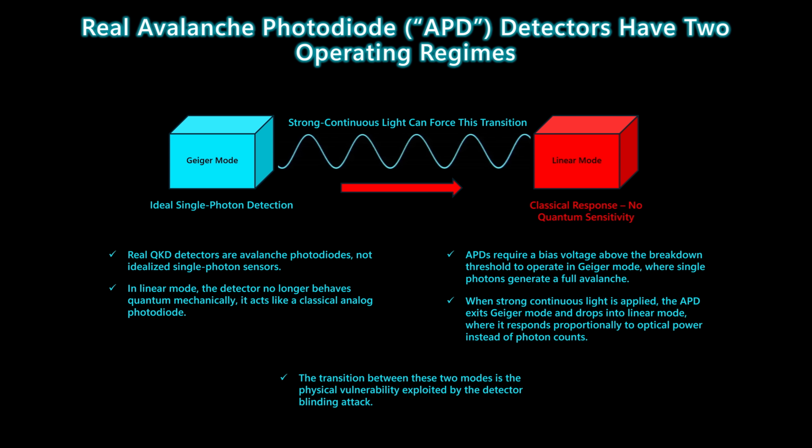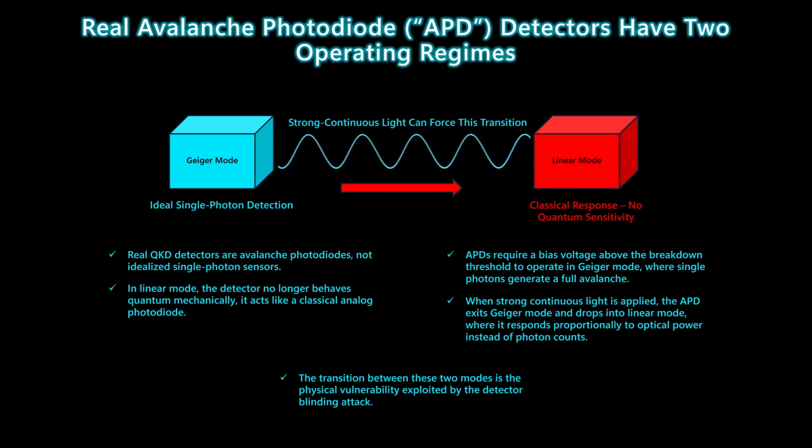However, when strong continuous light is applied to the detector, the avalanche photodiode leaves Geiger mode and drops into linear mode. In linear mode, the device no longer behaves as a quantum detector. Instead, it responds proportionally to the optical power it receives, just like a classical analog photodiode.